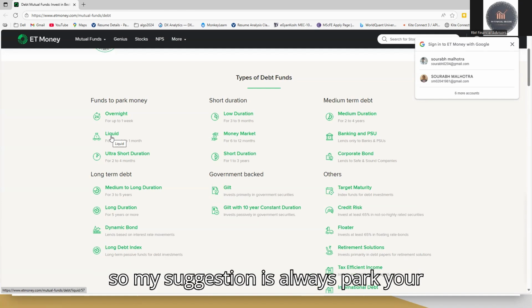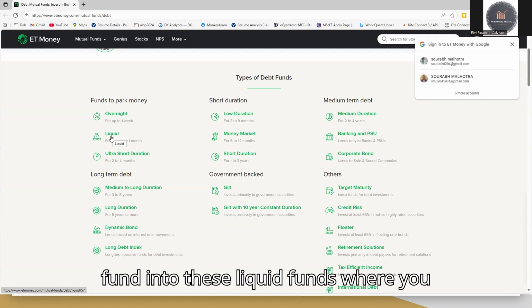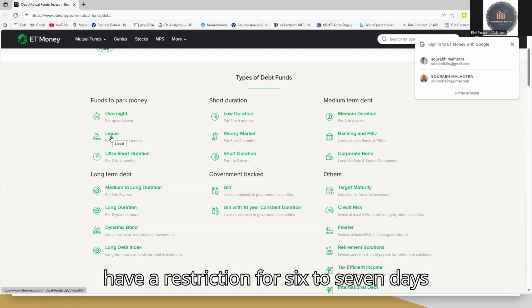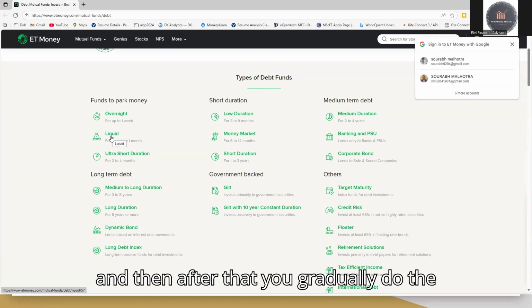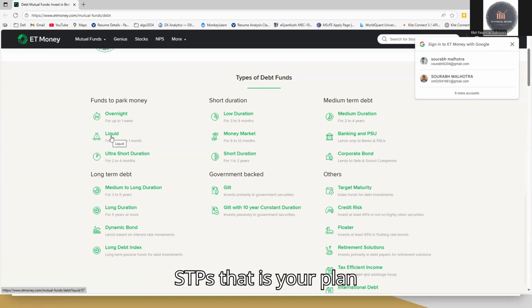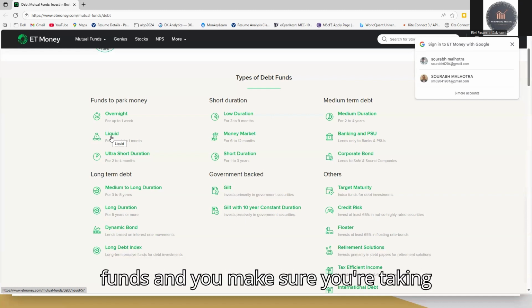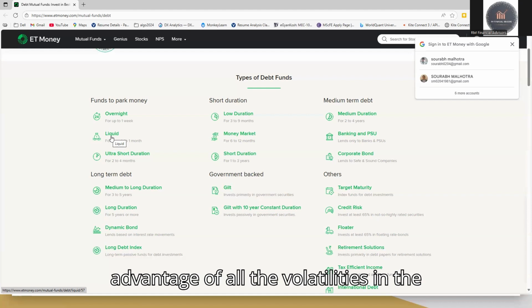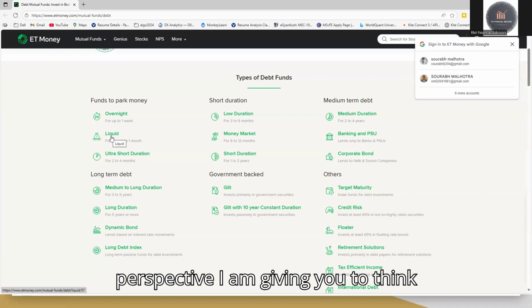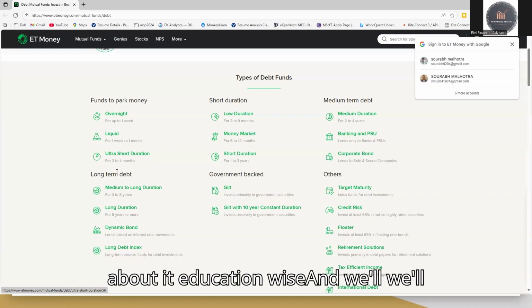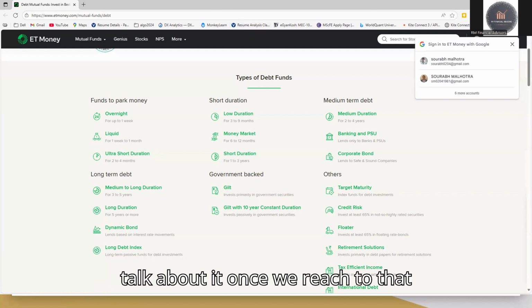So my suggestion is always park your funds into these liquid funds, where you have a restriction for 6 to 7 days, and then after that you gradually do the STPs. That is your planned transition to the equities or to mutual funds, and you make sure you are taking advantage of all the volatilities in the market. Not a recommendation, a perspective I am giving you to think about, education wise. And we'll talk about it once we reach that point.